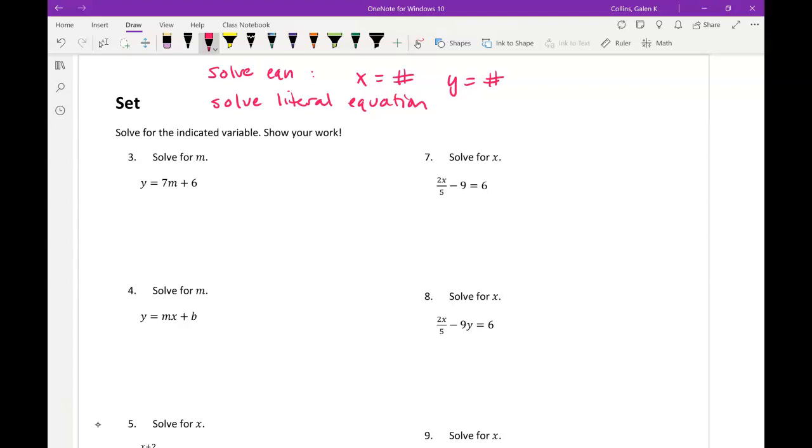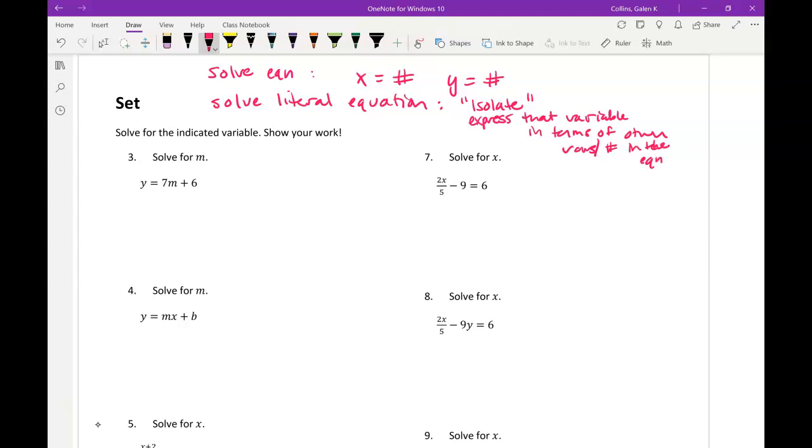But solving a literal equation typically means that we are going to have multiple variables in our equation, and what we can do is, I think of it as we're just going to isolate the variable we're solving for, and we're going to express that variable in terms of the other variables and numbers in the equation.